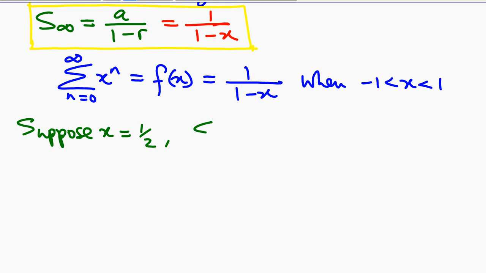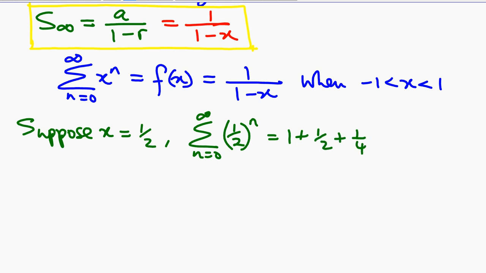Then we know that the sum of this series will be given by, remember x is a half, so in place of x I plug in a half to power n, which will give us, when you plug in 0, 1 plus a half plus a quarter, and this is a geometric series with common ratio a half, which means that this series will converge to 1 over 1 minus a half, which will be equal to 1 over a half, which will be equal to 2. All right? So this series will converge to 2.